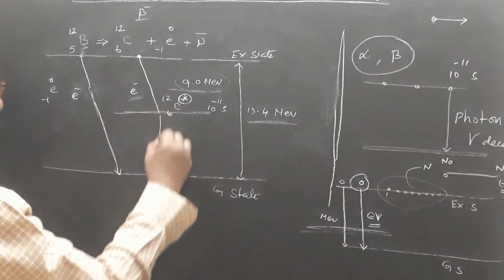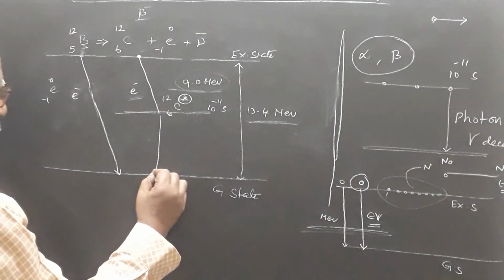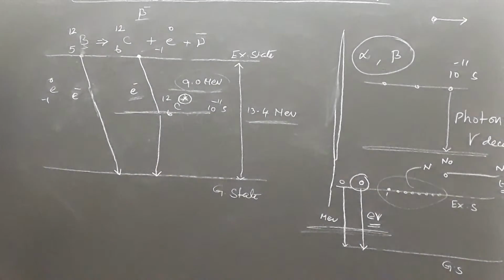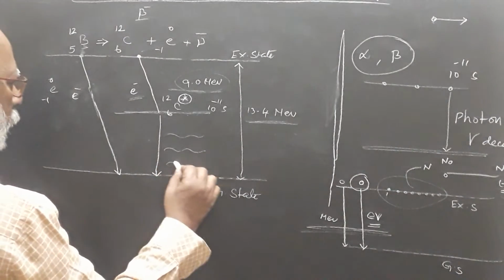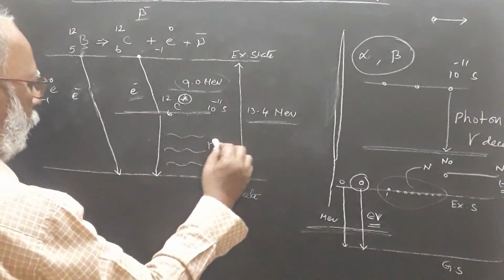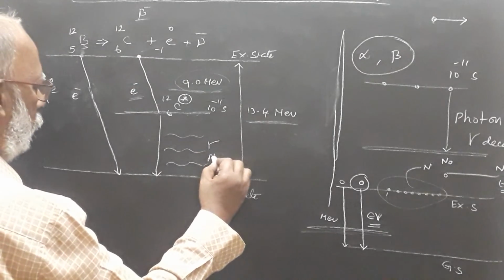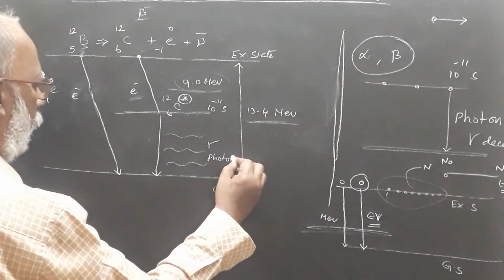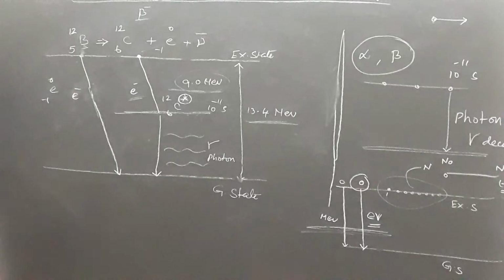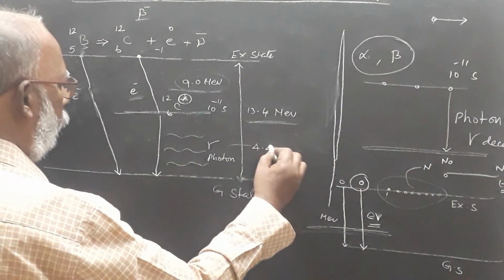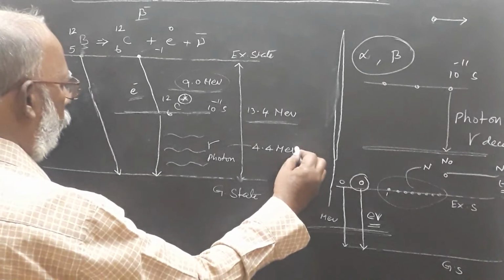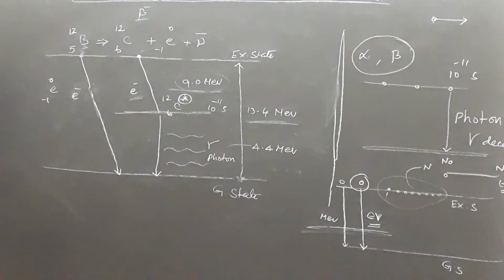Again it comes back to the ground state by emission of a gamma photon with a value of 4.4 million electron volt.